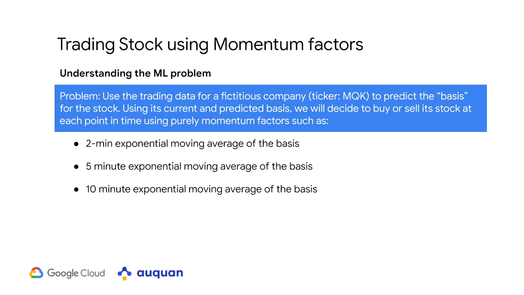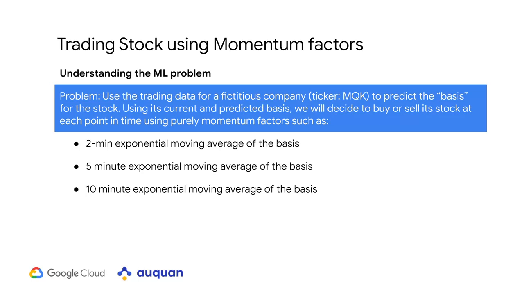We are given its ticker data to which we add some momentum factors. Our job is to use an ML classification algorithm and momentum factors to decide whether to buy or sell at each point in time. The ticker data is in 1-minute increments. Use trading data for a fictitious company, ticker MQK, to predict the basis for the stock.